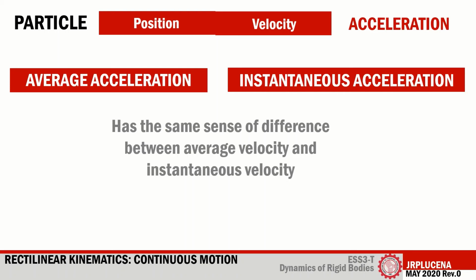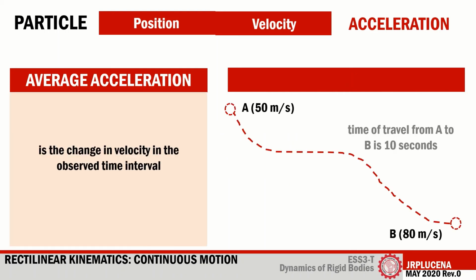Let's take, for example, this one. Average acceleration is the change in velocity in the observed time interval. For example, at point A, the velocity of an object is 50 meters per second, and after 10 seconds, it traveled to point B, having a velocity now of 80 meters per second.